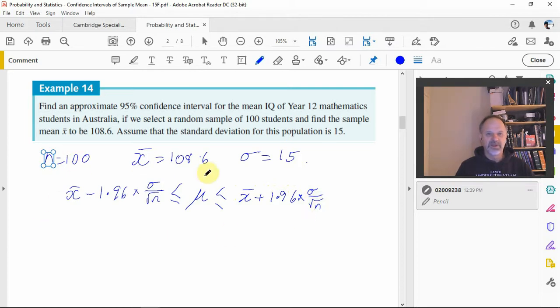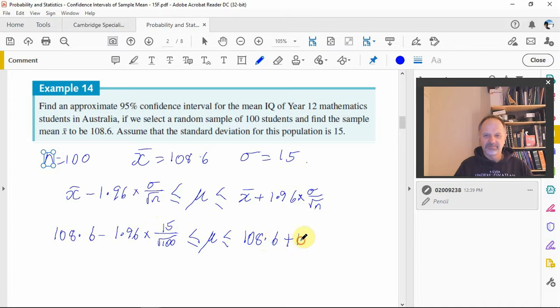All right, so if we put those numbers in, 108.6 take away 1.96 times 15 over root 100. So the population mean is between that and 108.6 plus 1.96 times 15 on root 100. And then that's where we get our calculator out, put all of this stuff in our calculator.